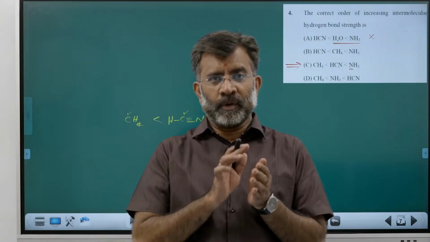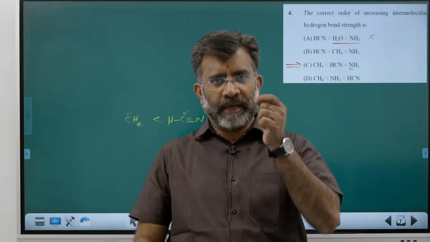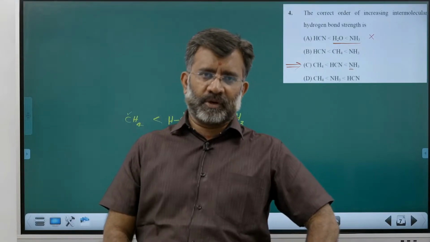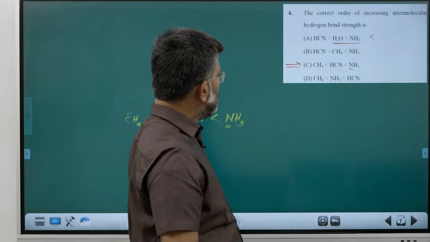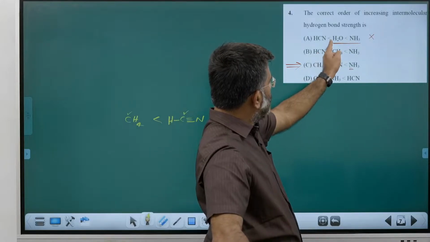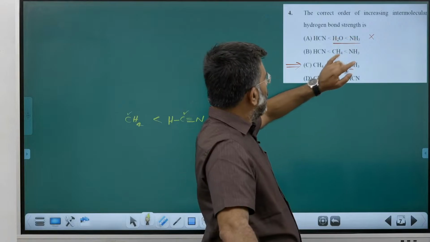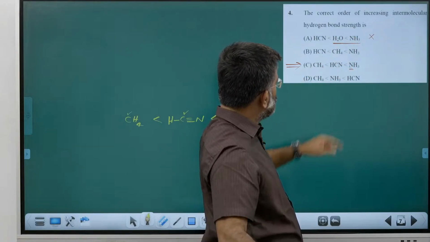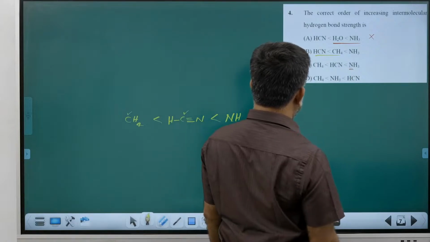So even though it is 2 carbon atoms, based on the electronegativity we can predict the strength of hydrogen bond. So we can rule out option A, because nitrogen more than oxygen you cannot afford, right? In number 2, this order is wrong, and number 3 will stand as the correct answer.